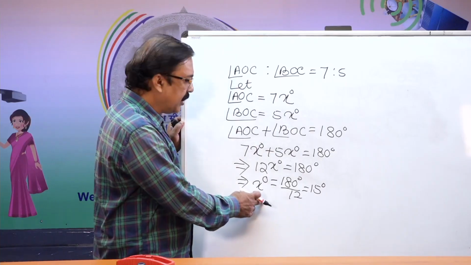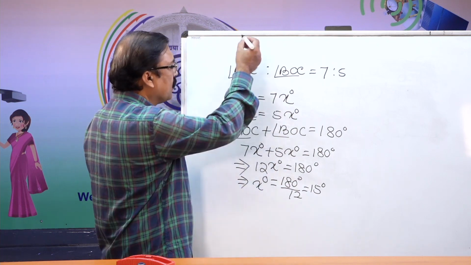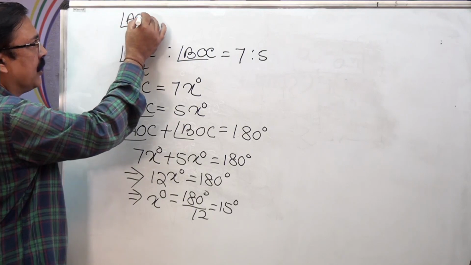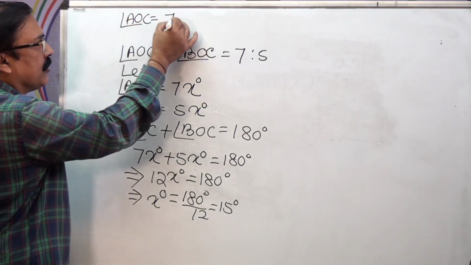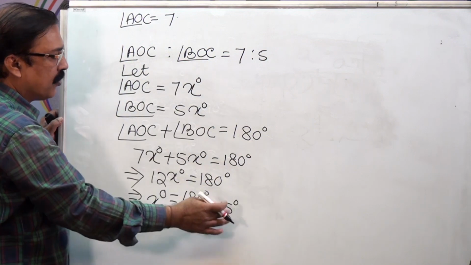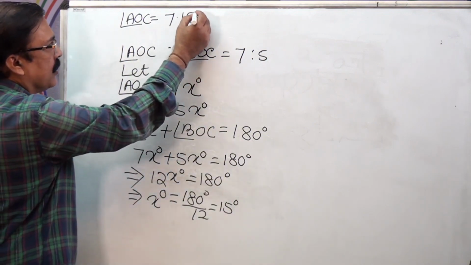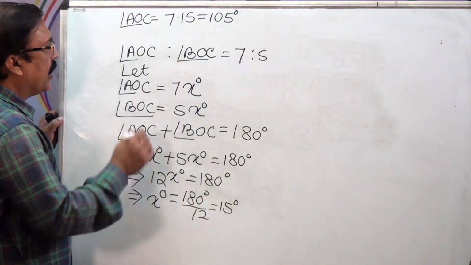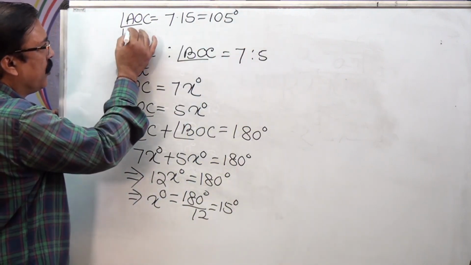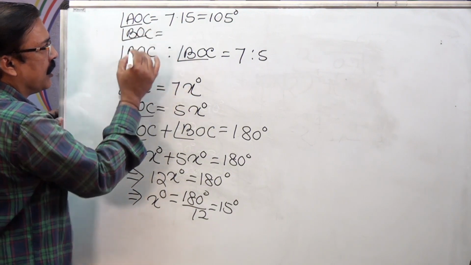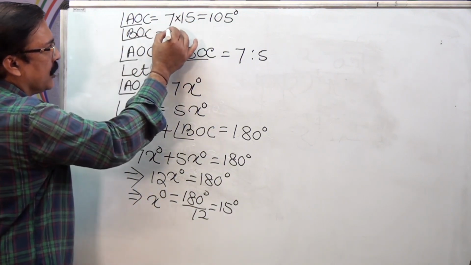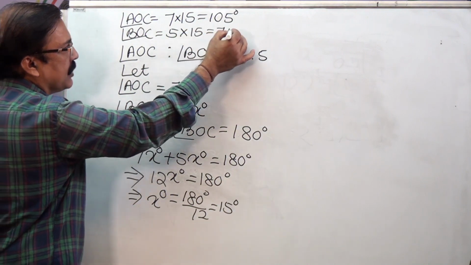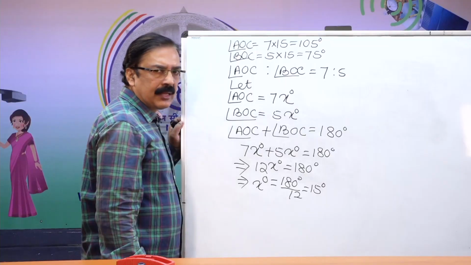If x is 15 degrees, then what is AOC? Angle AOC is equal to 7 into 15 degrees, which is 105 degrees, and angle BOC is equal to 5 into 15, that is 75 degrees.